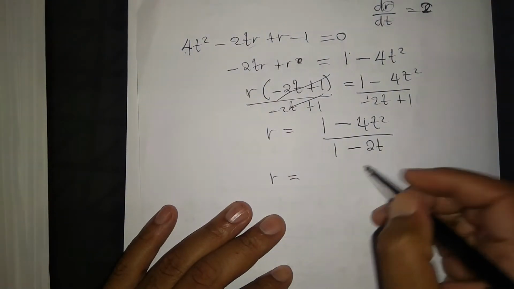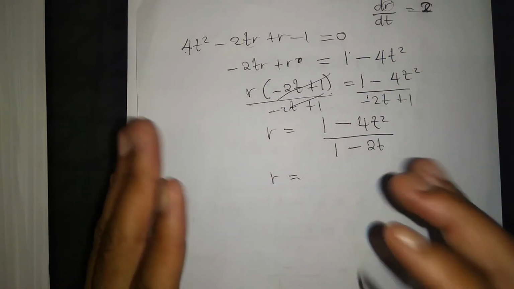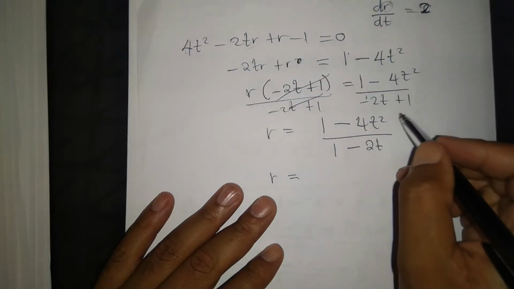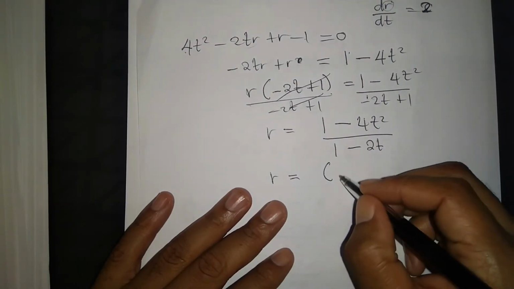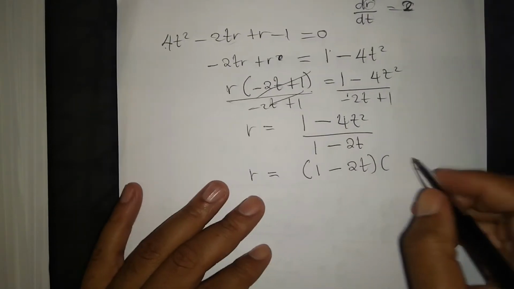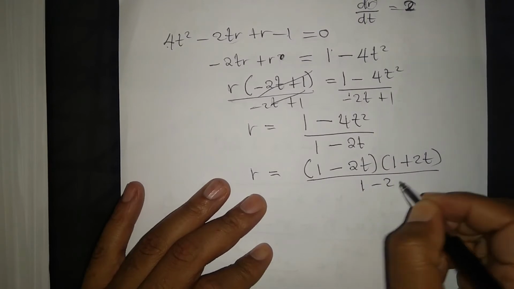So r is equal to, the numerator is a perfect square. Sorry man, it is a difference of two squares. So the difference of two squares, let's factorize again. So you factorize, so we have 1 minus 2t times 1 plus 2t over 1 minus 2t.